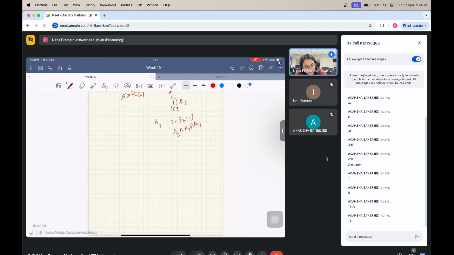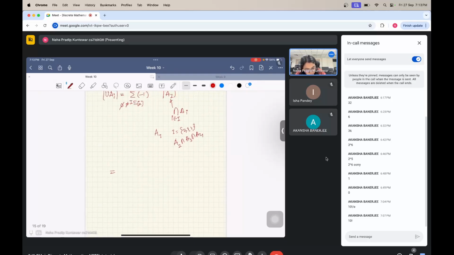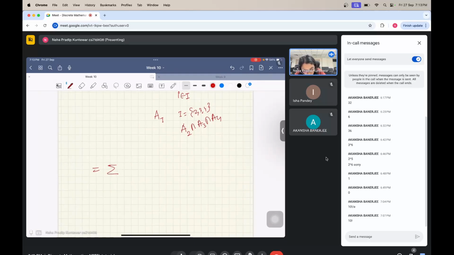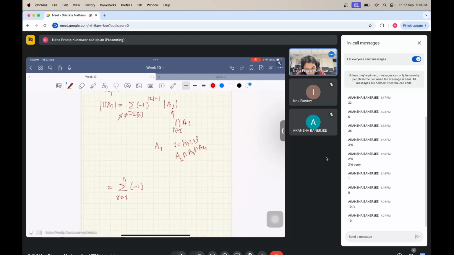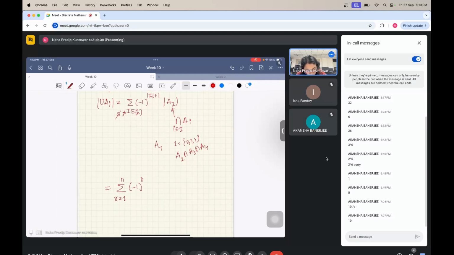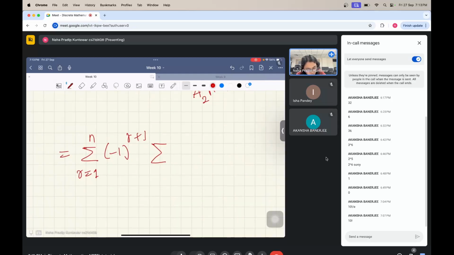So I can rewrite this as summation of R from 1 to n, minus 1 to the R plus 1, and I can go over all the subsets of n which are of size R, and then I can add this AI.